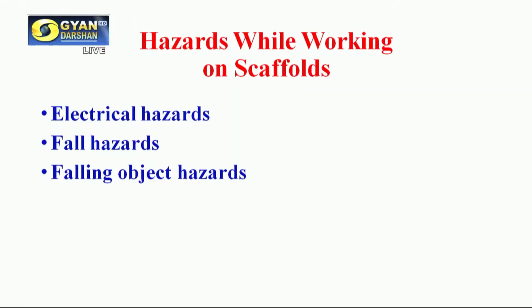What are the different types of hazards while working on a scaffold? We should know these so that we can make scaffold work safe. These hazards are electrical hazards, fall hazards, and falling object hazards. These are the three important things. In addition, there are hazards related to whether a scaffold is strong and stable.